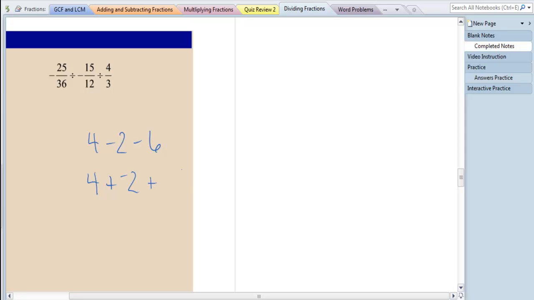Since the 6 is after subtraction, we're going to give it the opposite sign. Same idea here, only we're dealing with multiplying by reciprocals. So I'm going to rewrite this as negative 25/36 times negative 12/15 times 3/4. So every fraction that follows a division symbol, we're going to reciprocate, and we're going to use all multiplication.